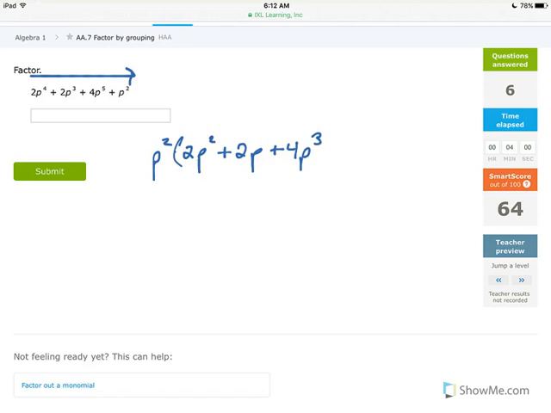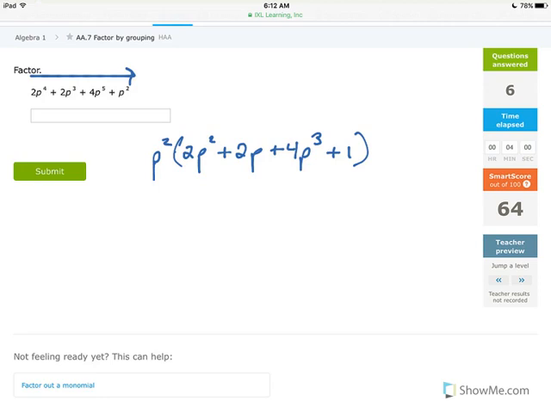And then on the last one, you're going to have a plus 1. So that would be factoring off a greatest common factor. And what you're left behind with, you still have 4 terms left behind in parentheses, so now we're going to try to do factor by grouping on this.